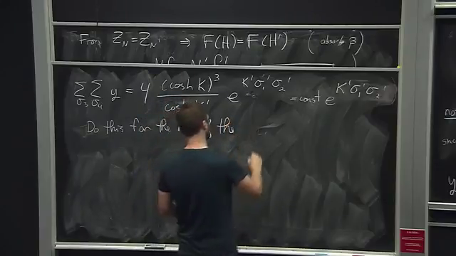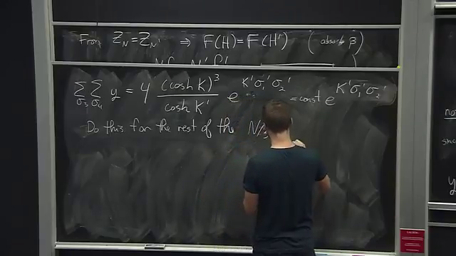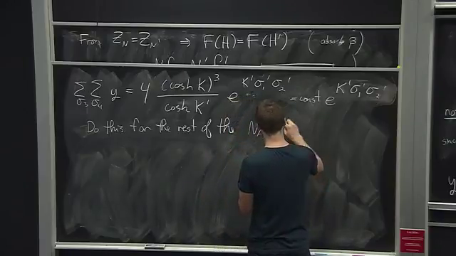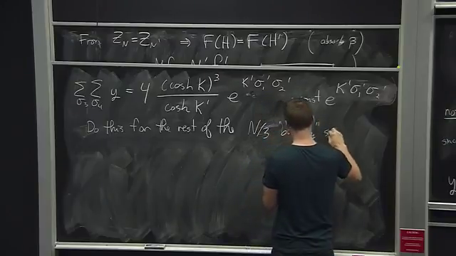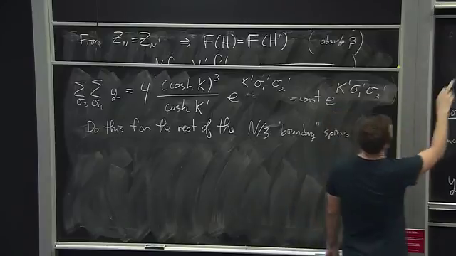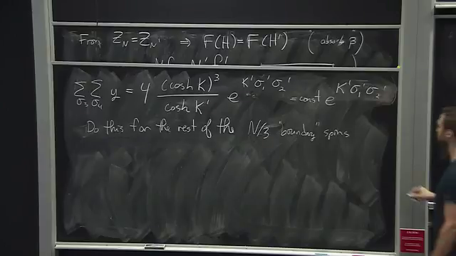Your b equals 3, so there's n over 3 remaining boundary spins, which are the spins 3 and 4. You have to do it again for 6 and 7, 9 and 10. That's what I mean, right?